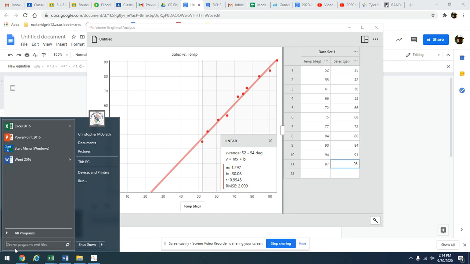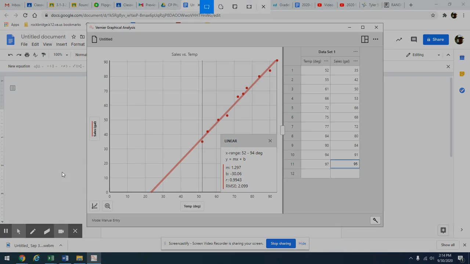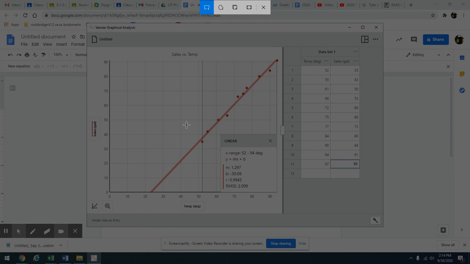So I'm going to go to my snipping tool. You can find it here. If you're on a Windows machine, you can, let's see, what is it? Shift, the Windows key, and S. And if you're on a Chromebook, you can hit, what was it?